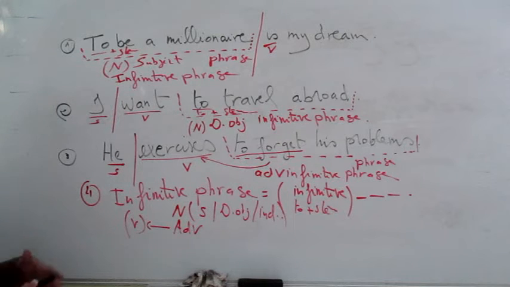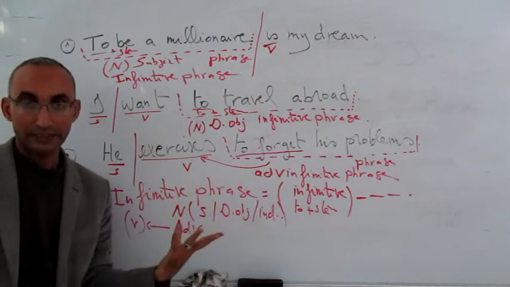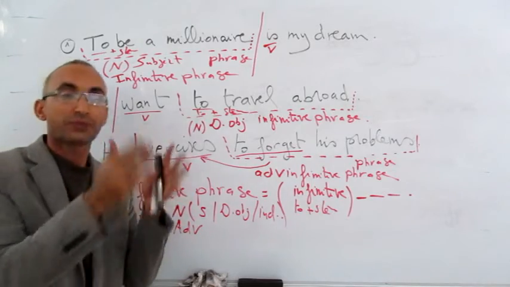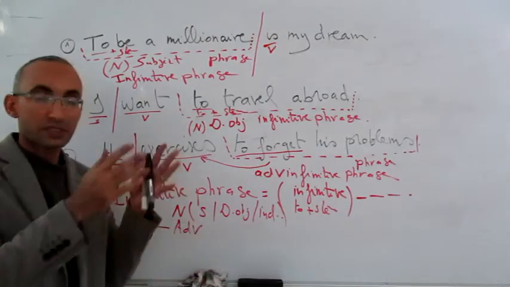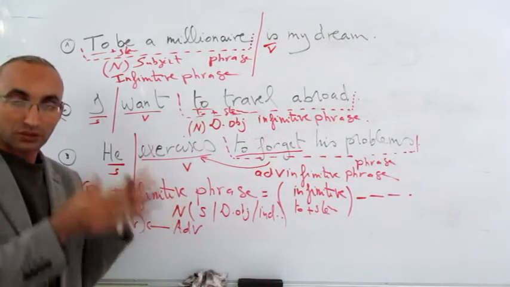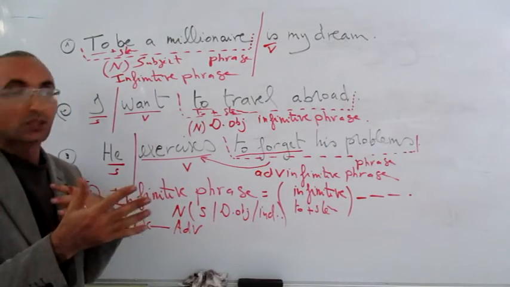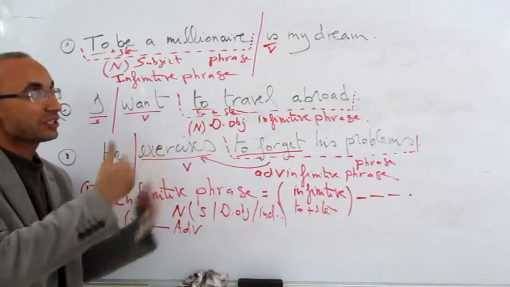Simply, what we need to know in this lesson is the types of phrases. Clear? This one starts with a preposition, it's called a prepositional phrase. This one starts with a gerund, it's called a gerund phrase. This one starts with an infinitive, it is called an infinitive phrase. Now about the function, you should do your best to find out the right function of each type.